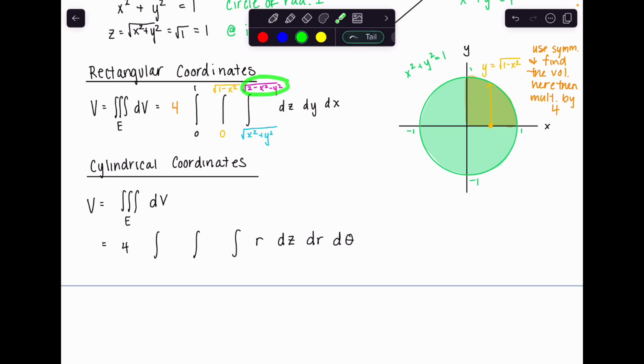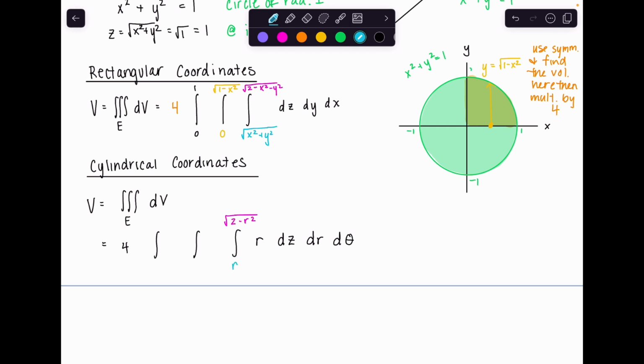Hopefully you can see these two aren't super hard to change over. In the first one, you can factor out the minus sign from x squared plus y squared. This upper bound becomes the square root of 2 minus r squared. For the lower bound, you would take the square root of r squared, which gives you the absolute value of r, but it really just becomes r.